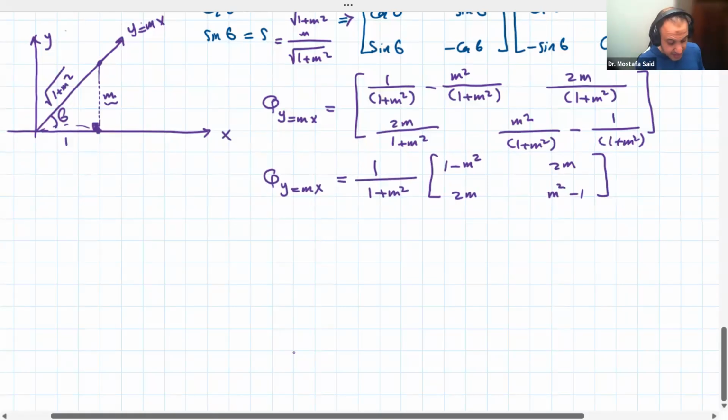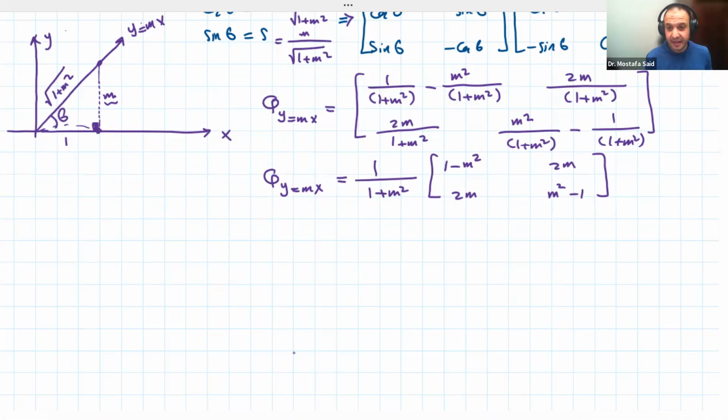Okay, that's basically the general reflection matrix. Now, to know if this is correct or wrong, we should check with our corner cases: when m is 0, when m is 1, when m is minus 1, and when m is infinity.